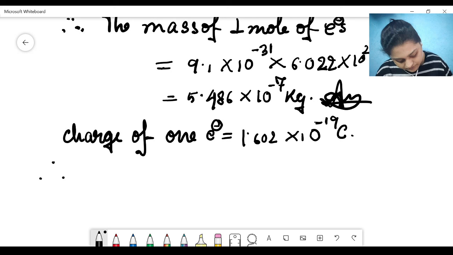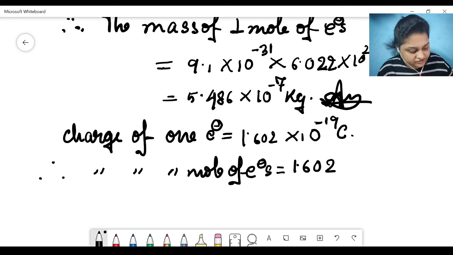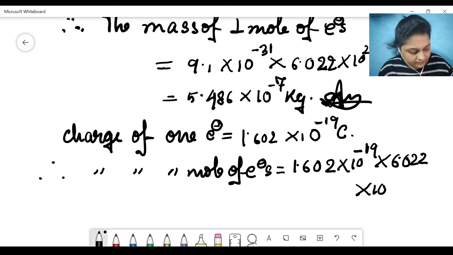Therefore, charge of 1 mole of electron is 1.602 into 10 to the power minus 19 multiplied by 6.022 into 10 to the power 23.